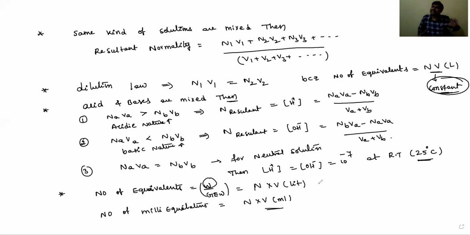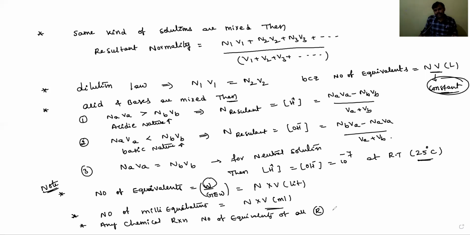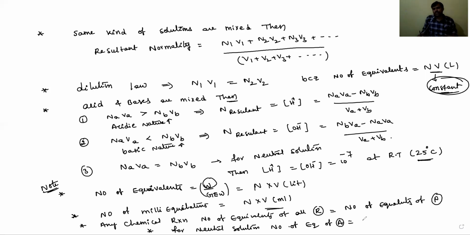Students, now in any chemical reaction, the number of equivalents of all reactants is equal to the number of equivalents of all products. In the same way, for acids and bases, for neutral solutions, the number of equivalents of acid is equal to the number of equivalents of base.